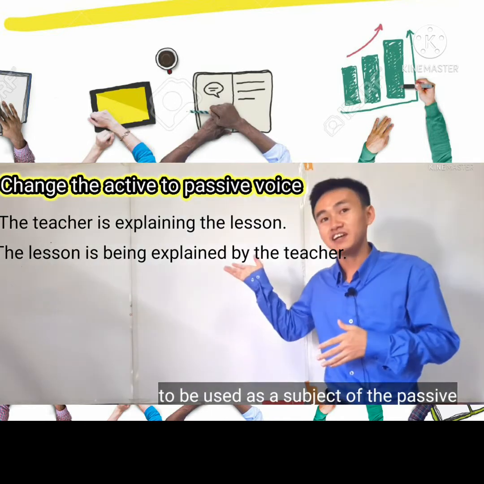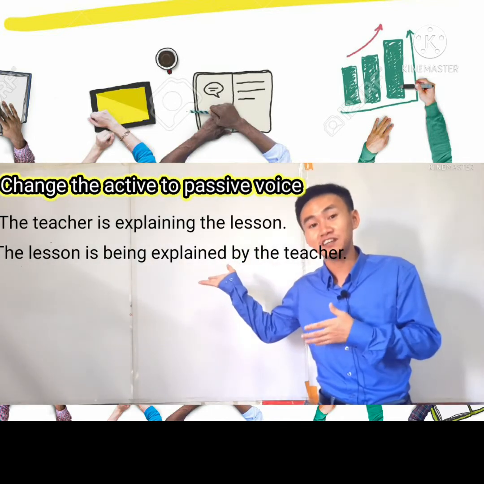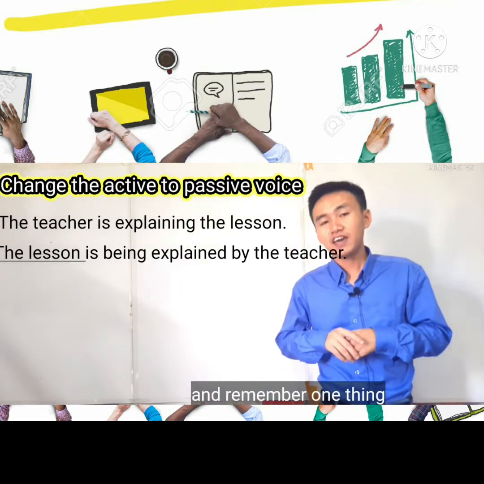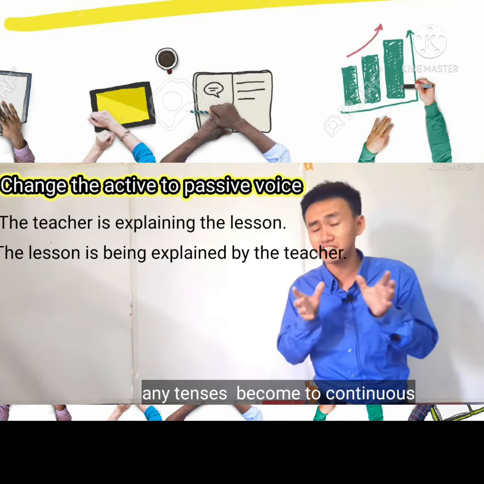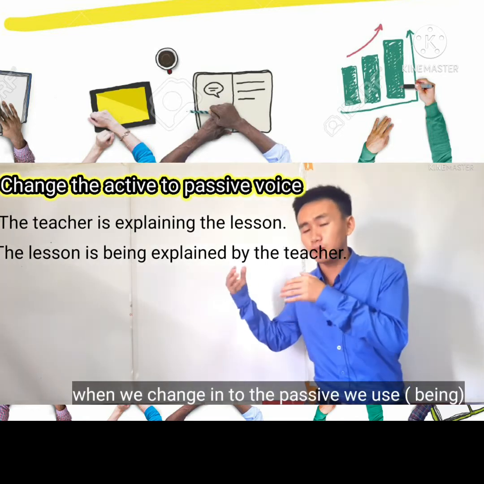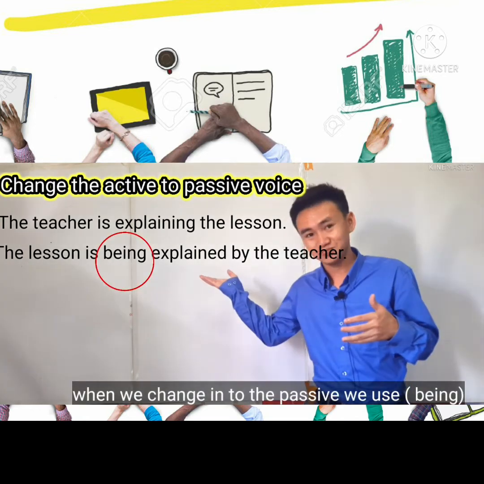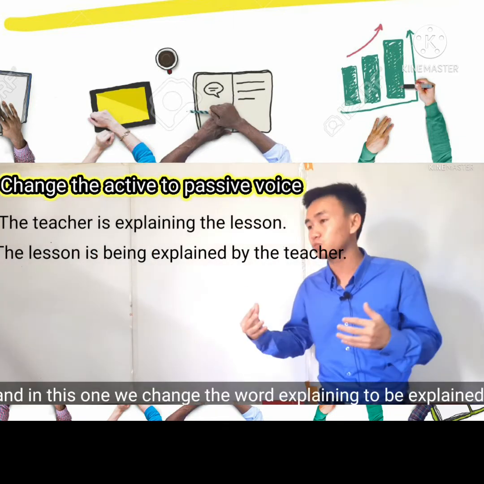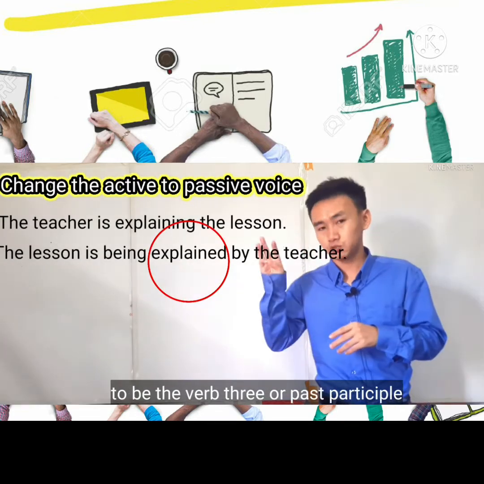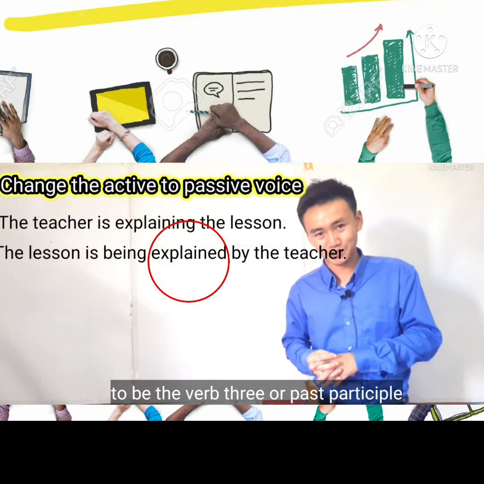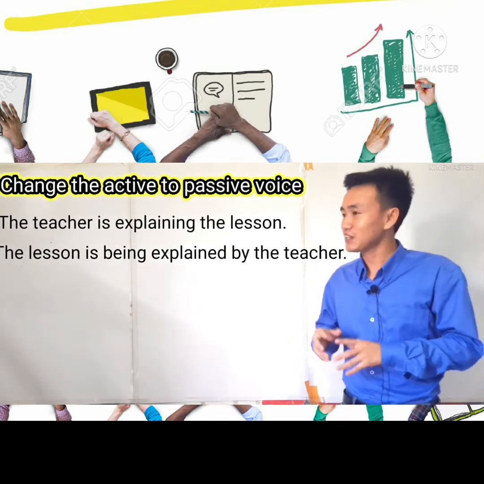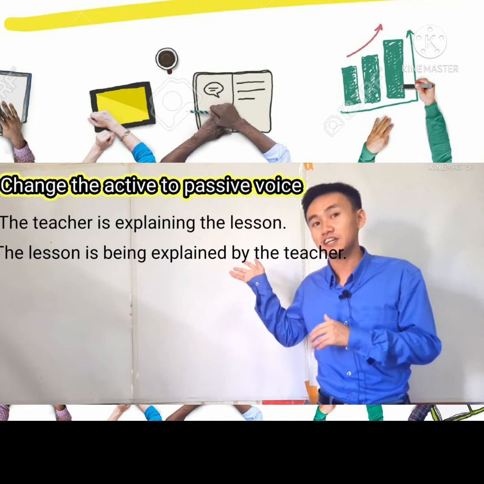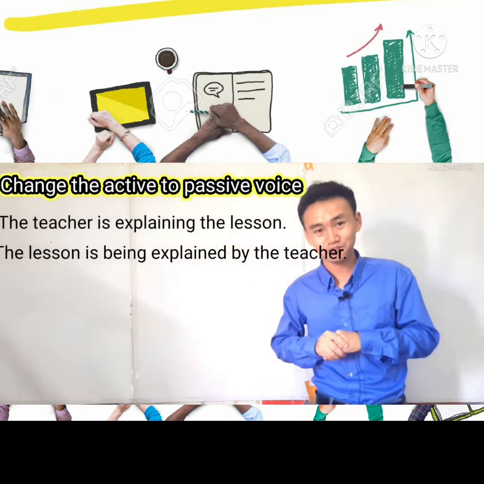Here, we use the lesson. And remember one thing. Any tense that is continuous, when we change to the passive, we use being. And we change the word explaining to explained, the voice 3, past participle. So this sentence will be like this: The lesson is being explained by the teacher. Alright.